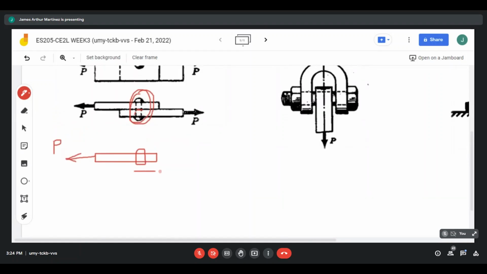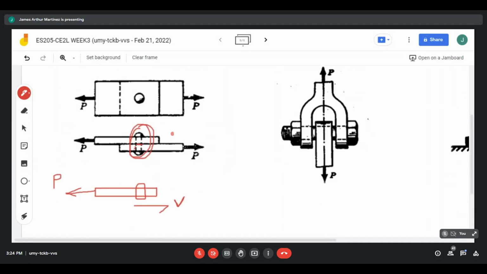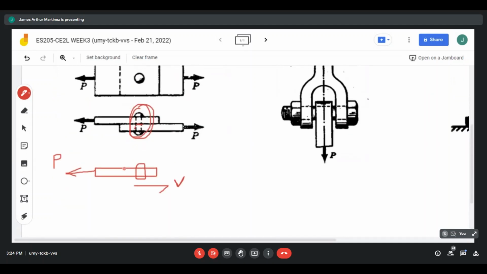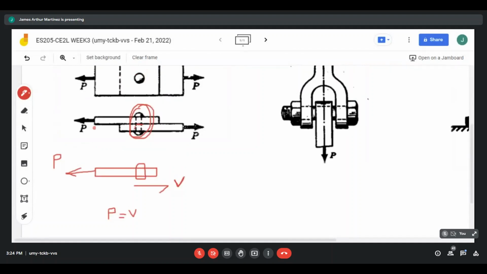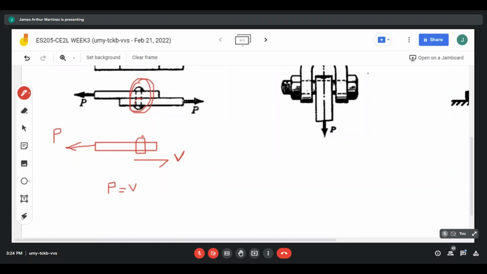So naa na siya ginatawag nato nga shear force, letter V. That is the internal shear force nga nag-occur, and that leads to the shearing stress. In this case, summation of forces, therefore your P is equal to V. Meaning, force applied is equal to the shear force V.